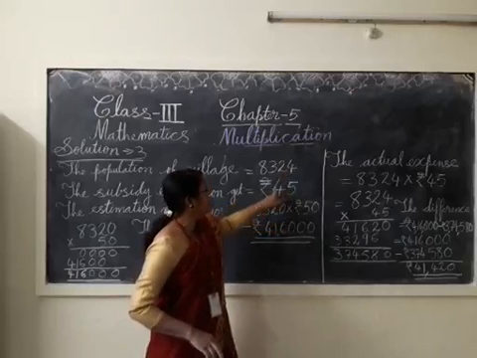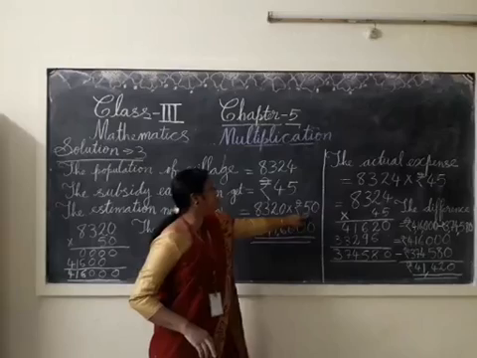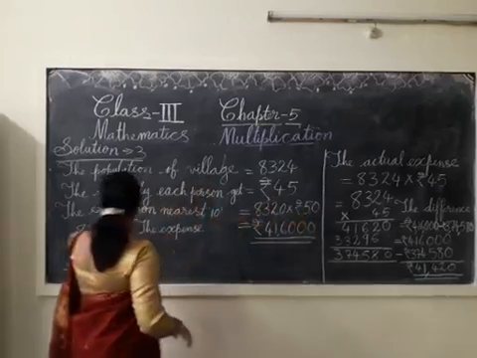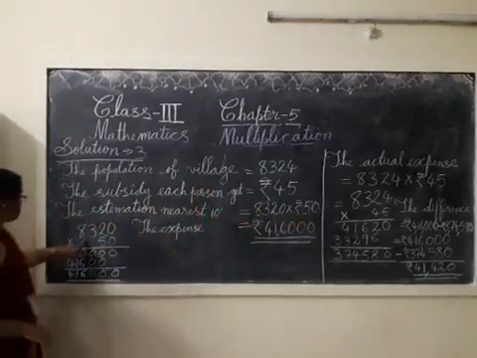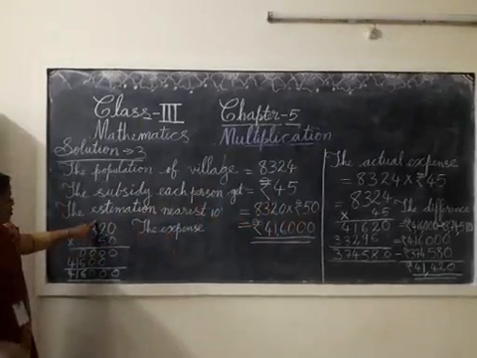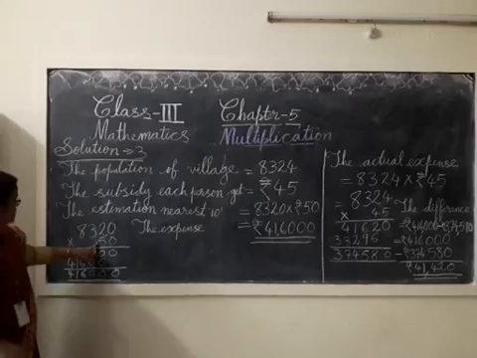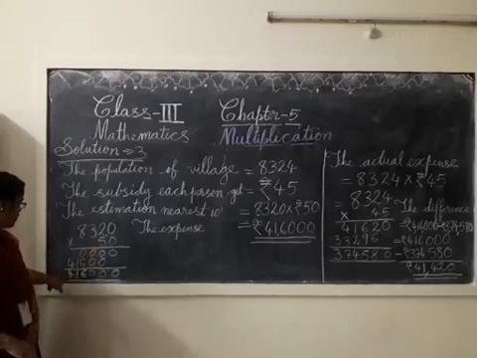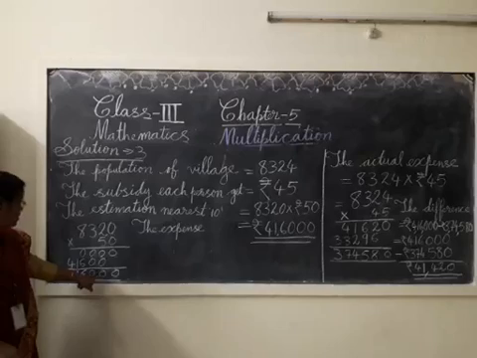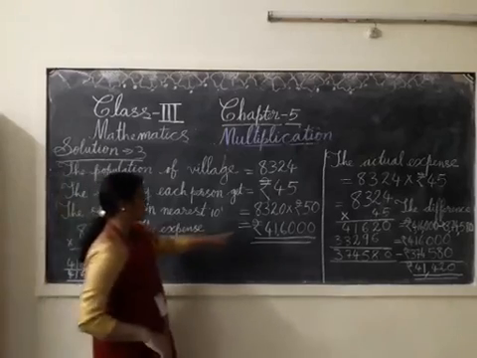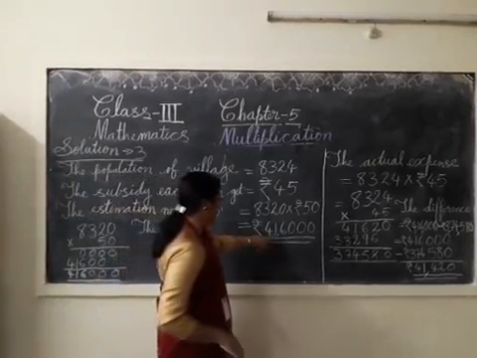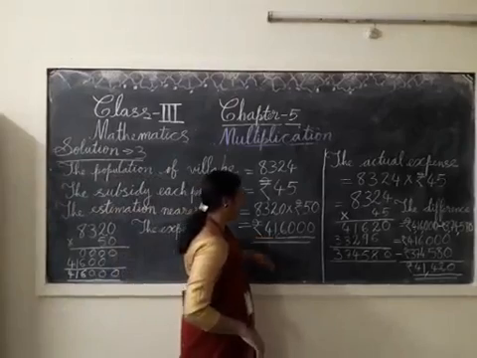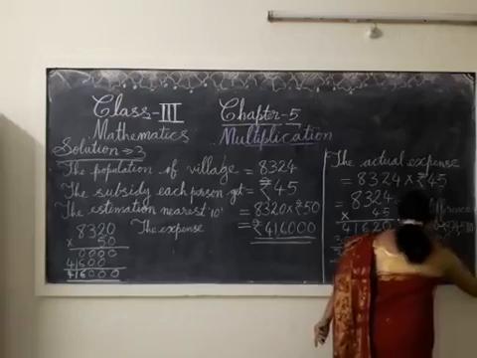Then, 45 will become 50, rupees 50. Now, let us multiply the number of population into the expense. With 50, here you are getting the expense equal to rupees 4,16,000.